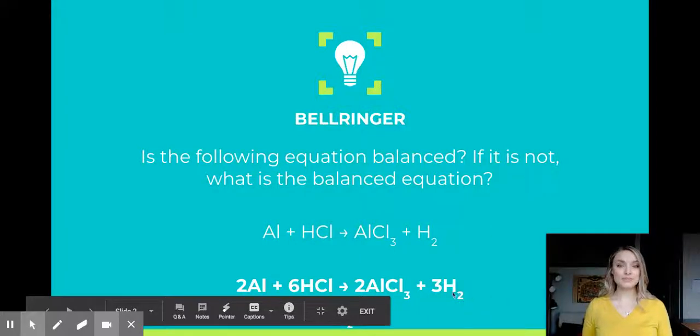The 3 hydrogens are diatomic hydrogens. It's always important to pay attention to both the subscript. Remember, that tells us how many atoms are in that particular compound. And then our coefficients, which tells us how many of those compounds are in our reaction as a whole.